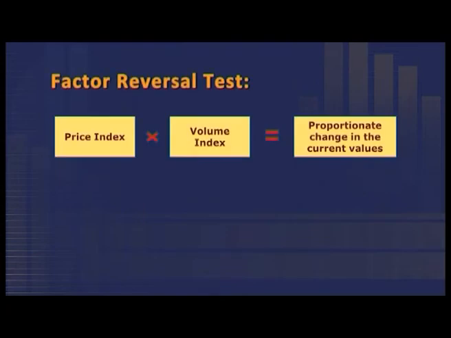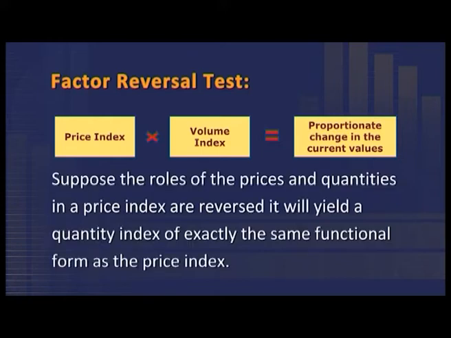Factor reversal test. The factor reversal test requires that multiplying a price index and a volume index of the same type should be equal to the proportionate change in the current values. Suppose the roles of the prices and quantities in a price index are reversed, it will yield a quantity index of exactly the same functional form as the price index.